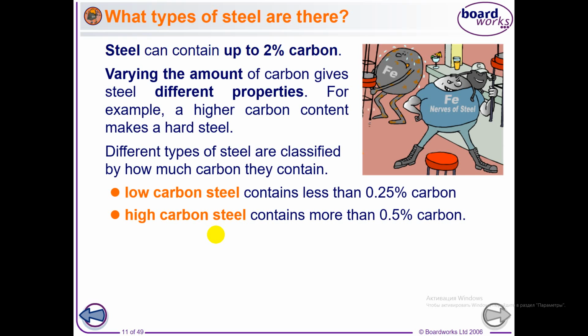High carbon steels usually contain more than 0.5%, half a percent, usually from 0.6 to 1.4% carbon. These alloys are the strongest and hardest of the plain carbon steels.